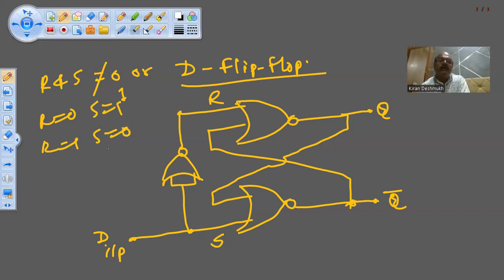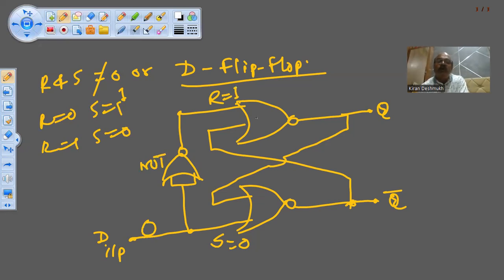But both R and S cannot be 0 at a time, or both cannot be 1 at a time. This is possible because of adding one more extra NOR gate here in between R and S. So let us assume that if D is 0, S will be 0. Then R will be 1. This is inverter. This is a NOT gate.